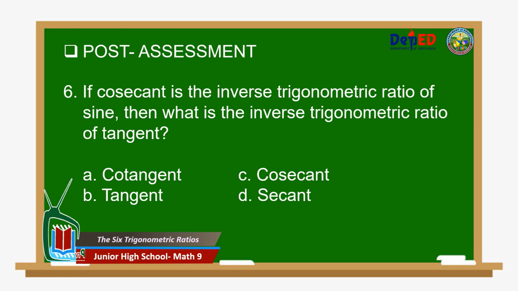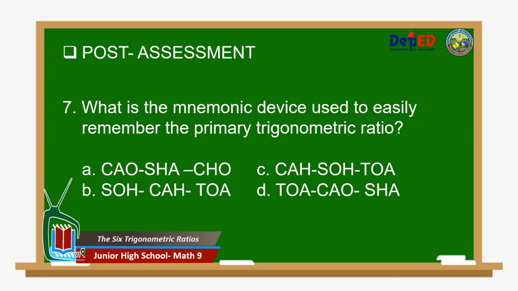B. Tangent. C. Cosecant. And D. Secant. Question number 7. What is the mnemonic device used to easily remember the primary trigonometric ratio? A. Kausha-ko. B. Soka-toa. C. Kaso-toa. And D. Toa-kausha.